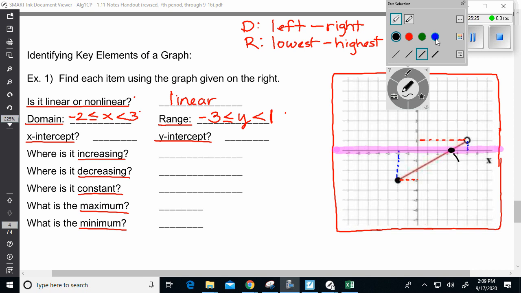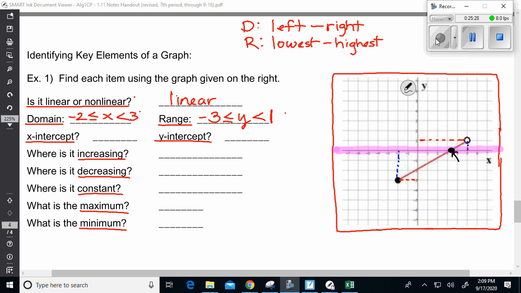Then you tell what that value is. That point represents where the line touched the x-axis, and it looks like it's touching it close to the number 3. So that's your x-intercept. X-intercept means it's touching the x-axis, and you're identifying where it is.